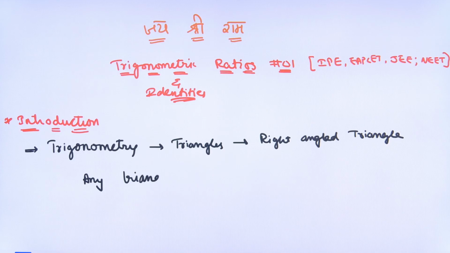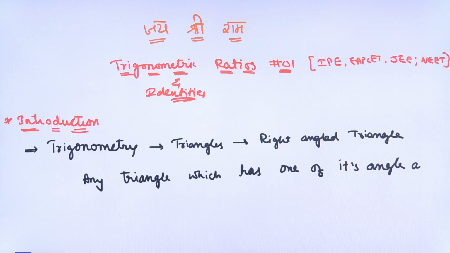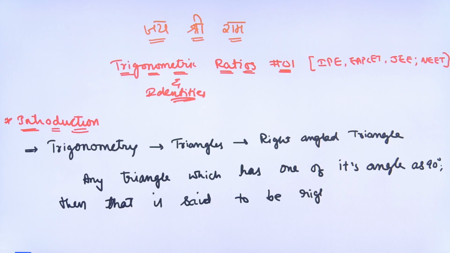Any triangle which has one of its angles as 90 degrees is said to be a right angled triangle. Clear with this point, everyone?